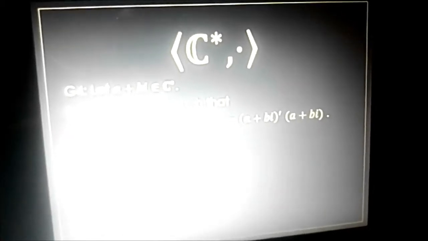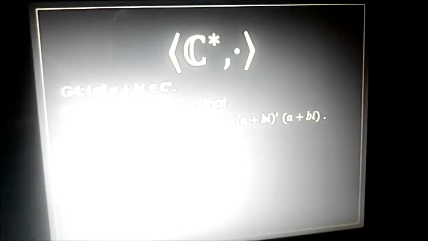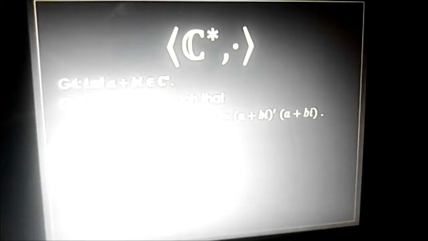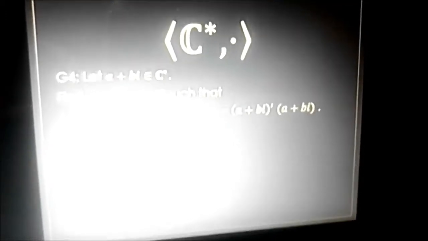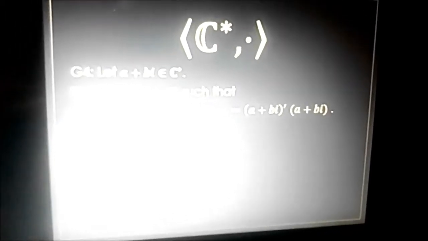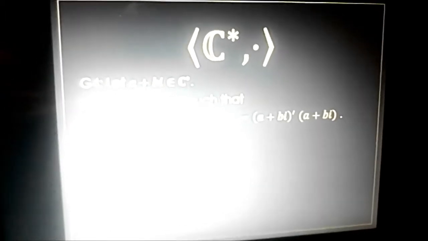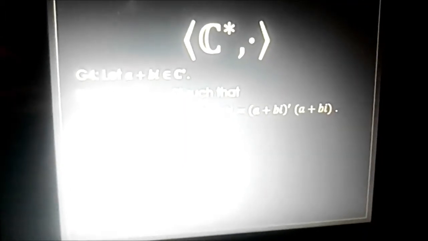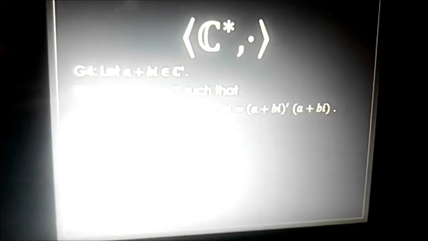Our target here is to find that the inverse of a + bi is also an element of C star, such that (a + bi) multiplied by the inverse of (a + bi) is equal to 1 + 0i, and it is also equal to the inverse of (a + bi) multiplied by (a + bi).